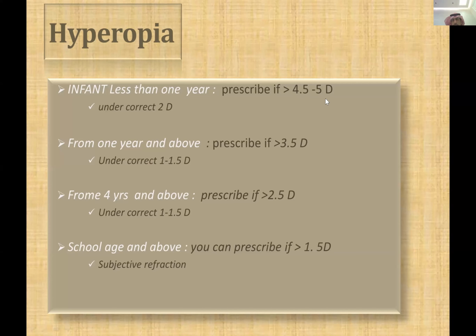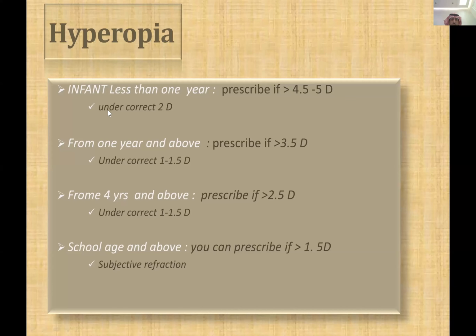But other studies found that this is the higher limit of 95% of the population at that age. So in my opinion, if more than 5, it's better to prescribe.